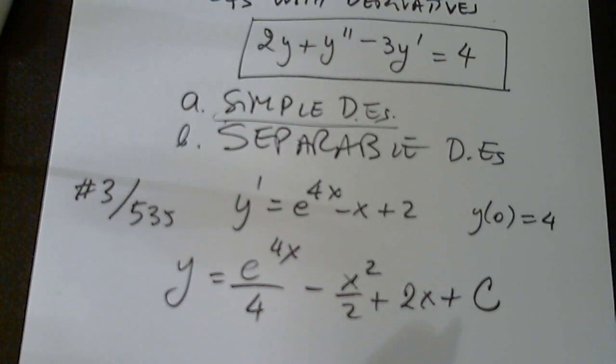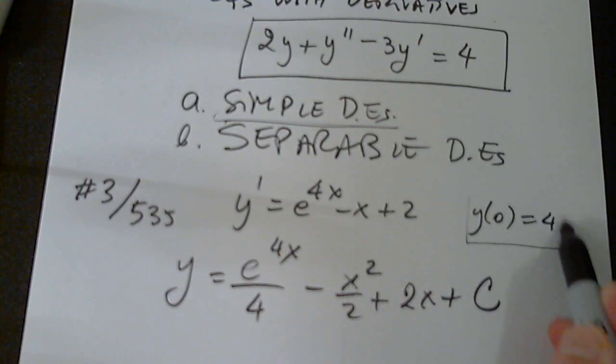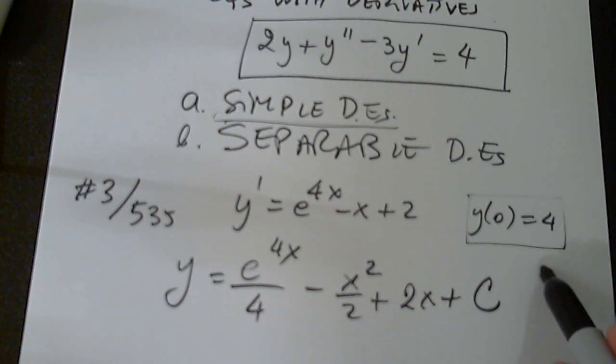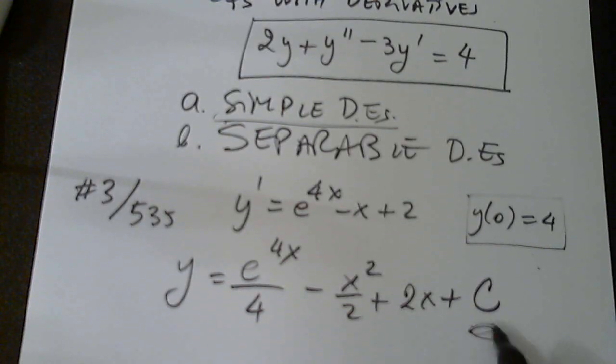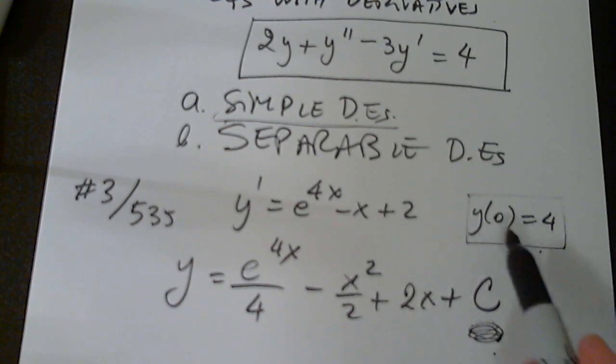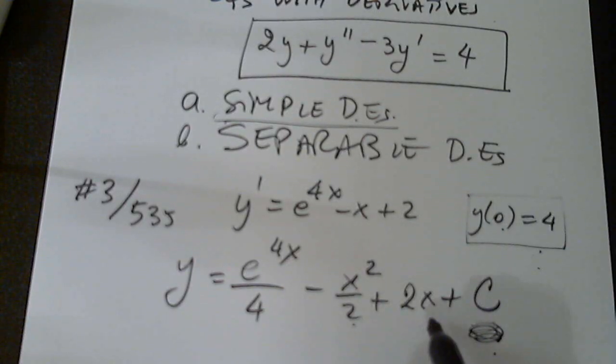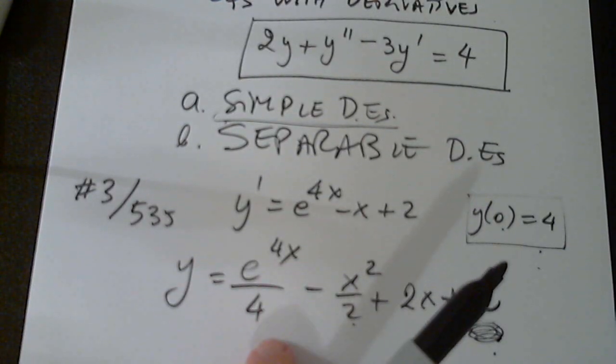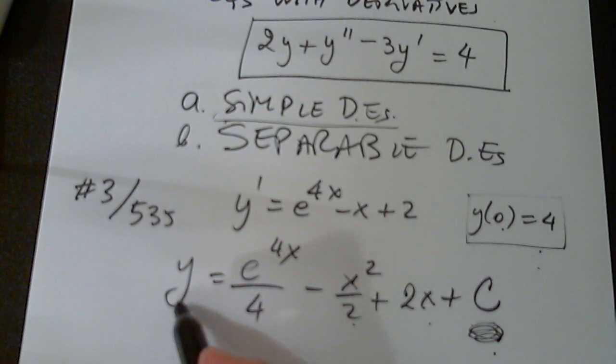Now, I am told that there is a special or initial condition, meaning it will allow us to find c. This condition allows us to find c. When x is 0, we get 1 fourth, and this is 4.